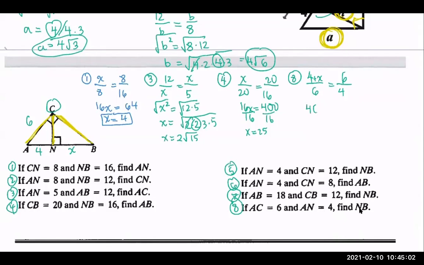You guys have 4 times 4 plus x equals 36. Make sure to distribute. So 16 plus 4x equals 36. Keep solving and type into the chat what you guys get. I think some of you guys might have made a small math mistake, but subtract 16 on both sides, you get 20. So x is 5 on that.